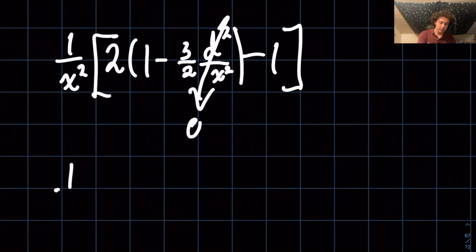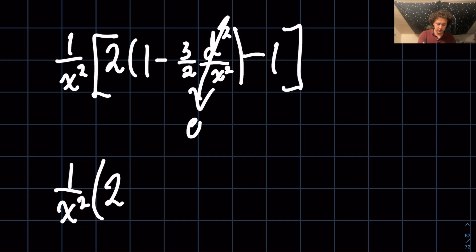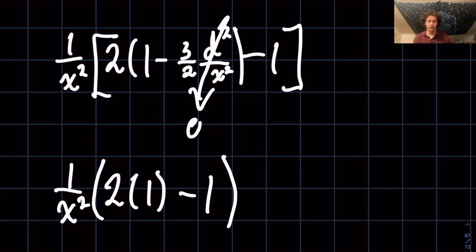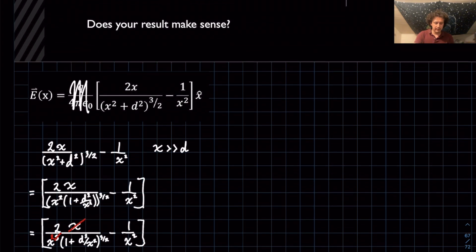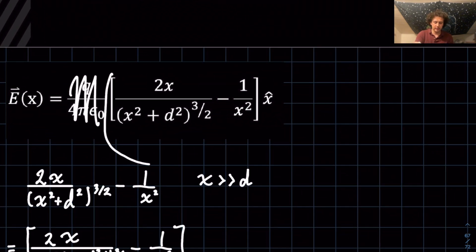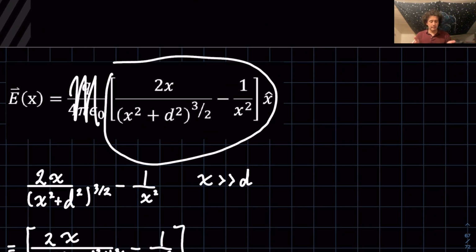And so let's say, okay, 1 over x squared, and now we have 2 times 1 minus 1. And that'll be, 2 minus 1 is 1. It'll just be 1 over x squared is the binomial expansion of this whole thing. Which is amazing because this is such a complicated formula, and then using this binomial theorem, we reduce it down to something that's a lot more usable.